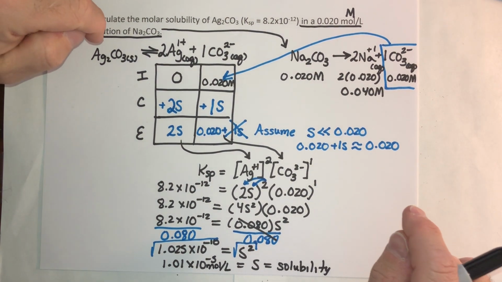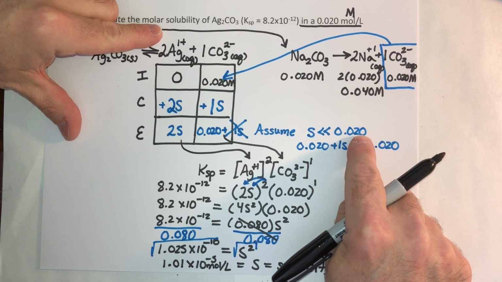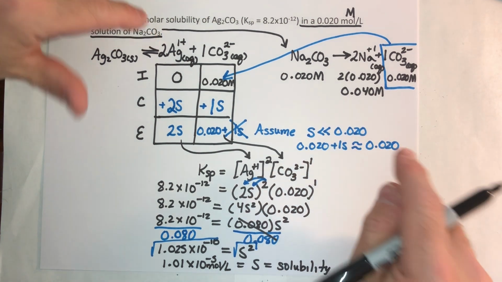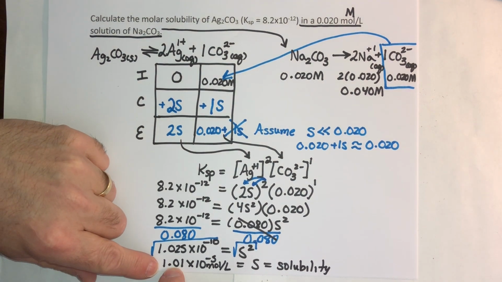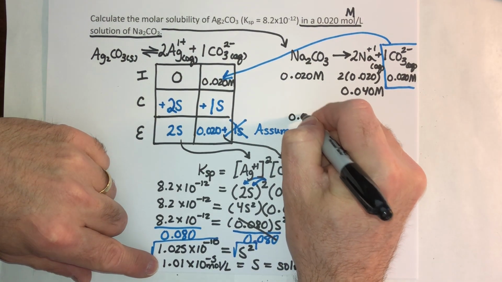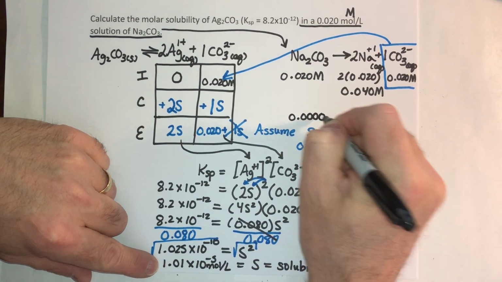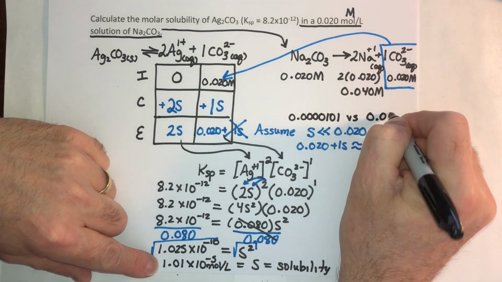Okay, now let's reevaluate our approximation. In our approximation, we said that the S was going to be way smaller than 0.02. In the first example, it was. It was very much smaller. Now this number is tiny, but it's not as tiny as the last problem, right? Basically, I've got 0.0000101 versus 0.020.